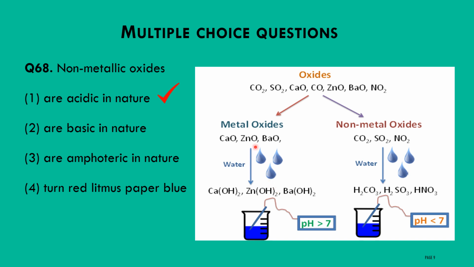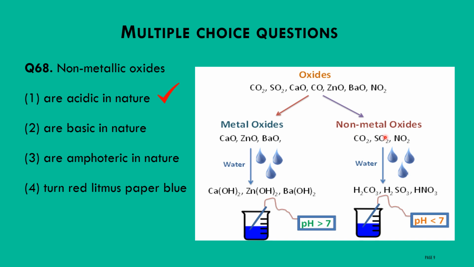These are basic in nature, because pH is greater than 7. If a compound has pH greater than 7, we call it basic in nature.